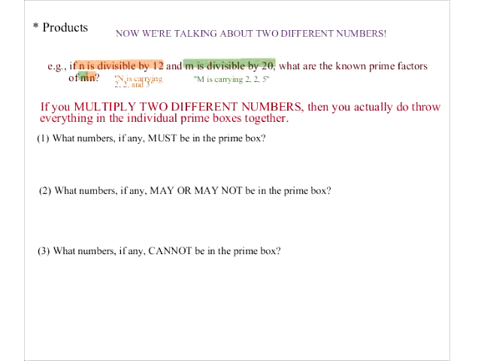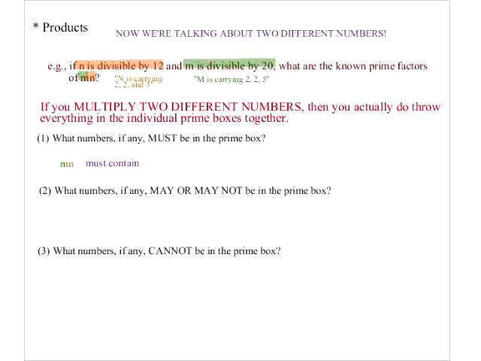So in the prime box of mn, you've got everything you've got in m, and you've got everything you've got in n, and it all goes over. So mn must contain all of those things.